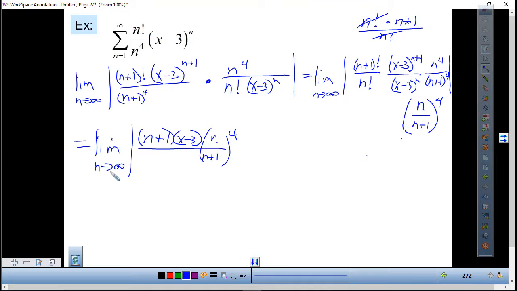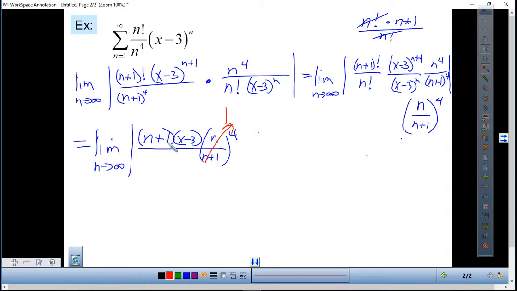But what happens when we take the limit as n goes to infinity? Taking the limit of this part's easy because we just took it in the last example. N over n plus 1, the 1 becomes negligible, so this is going to go to 1. So this part goes to 1 to the fourth power, which is still 1. And then what happens to this n plus 1 right here?